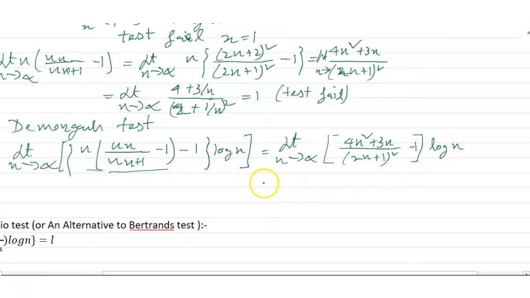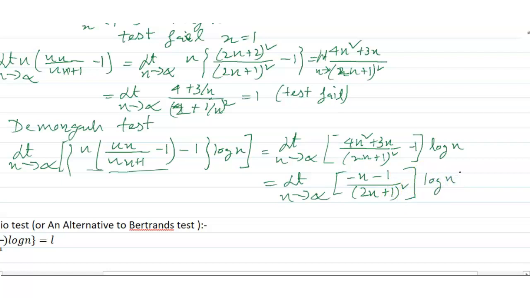and after that I can write this way: limit n tends to infinity, and here whatever I get, 4n square cancels, and minus 2n, I get minus n easily, and minus 1 divided by (2n plus 1) whole square into log n.